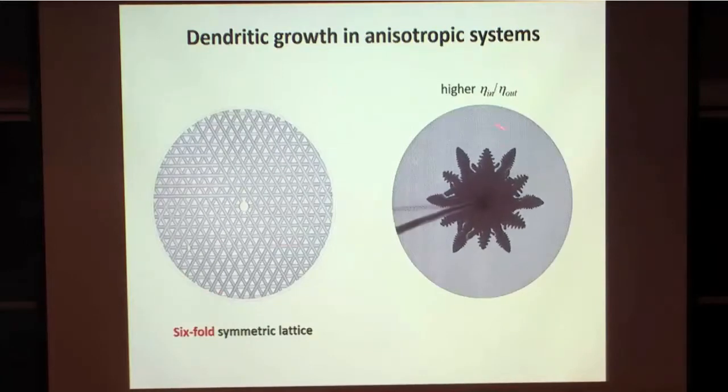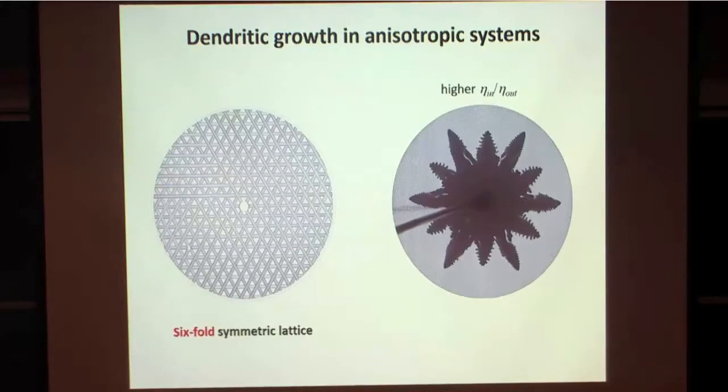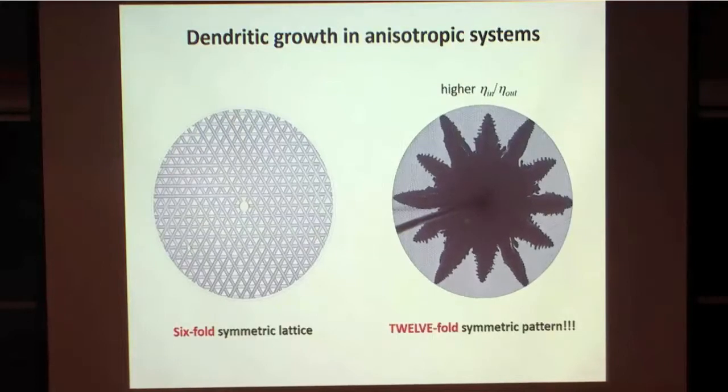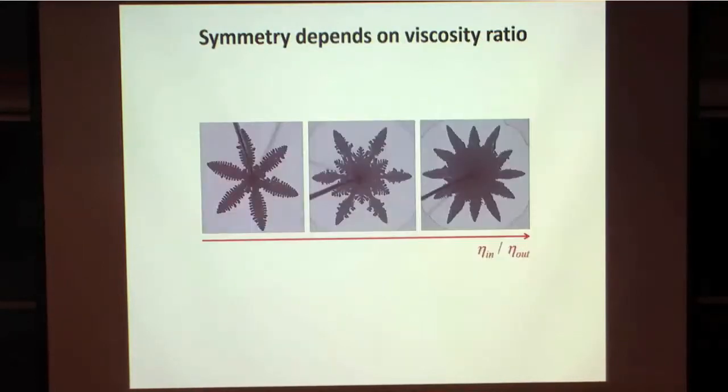I take patterns at higher viscosity ratio, and now, instead of getting a six-fold symmetric pattern, I get a 12-fold symmetric pattern. So the viscosity ratio really governs the symmetry of the pattern formation, where I change from 6 branches to 6 small ones, 6 short ones, and eventually 12 branches of equal length.